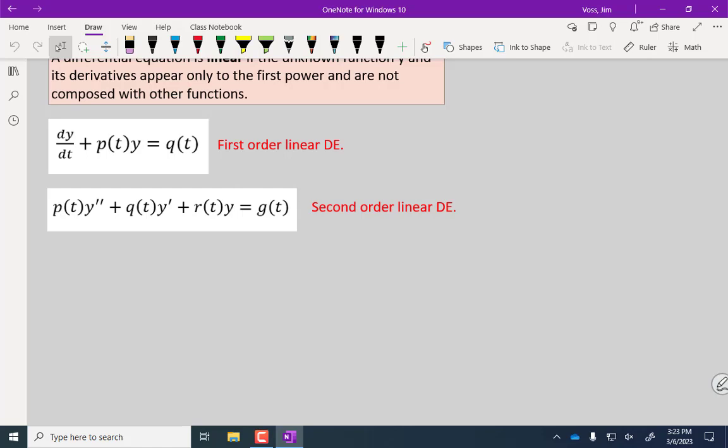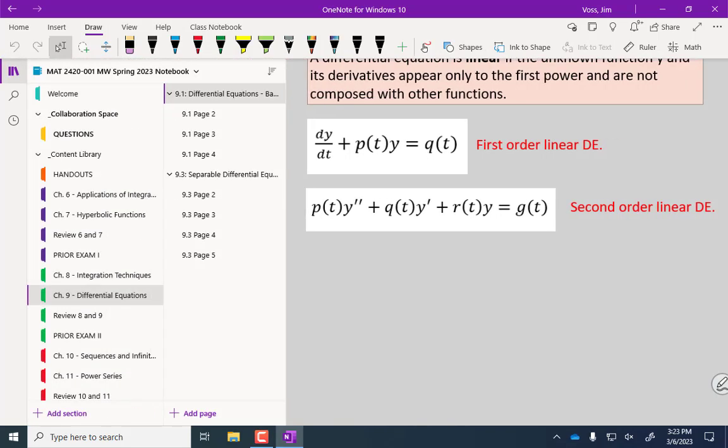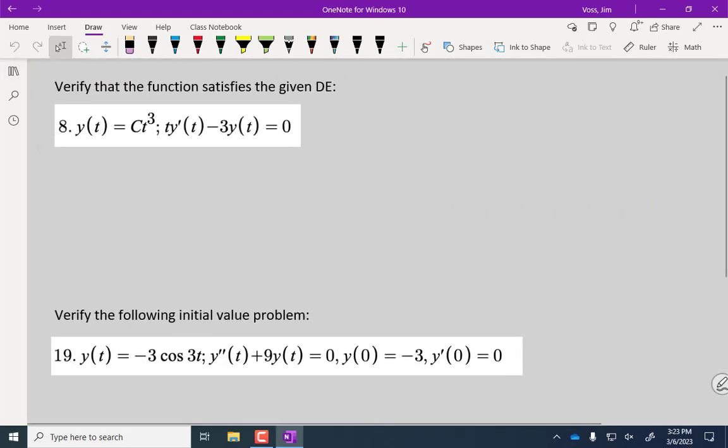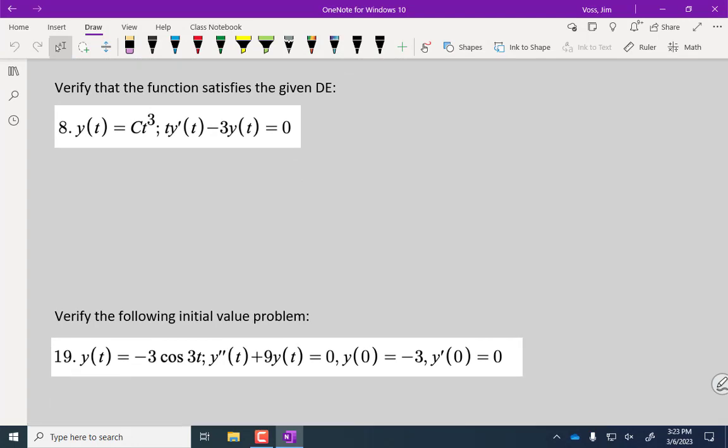Okay, so let's take a look at some simple ones. So here is a differential equation right here, and they are giving us a solution. And they want us to verify that that truly is a solution.